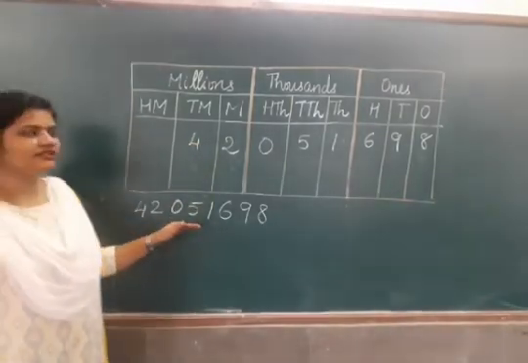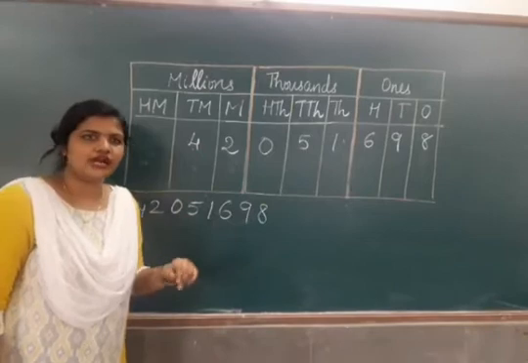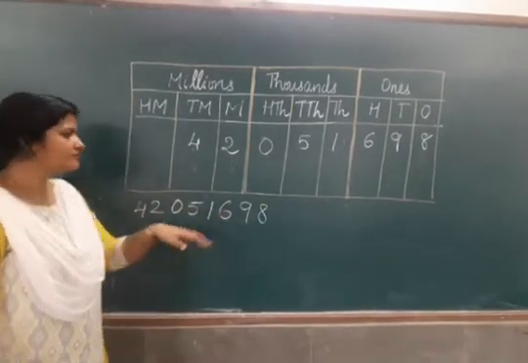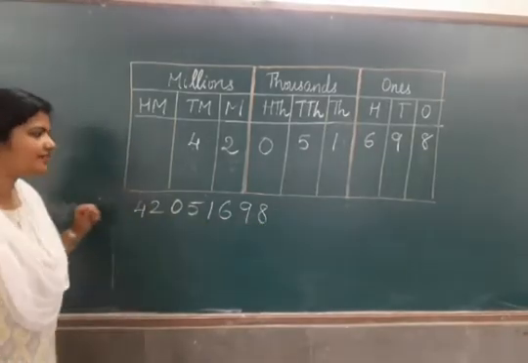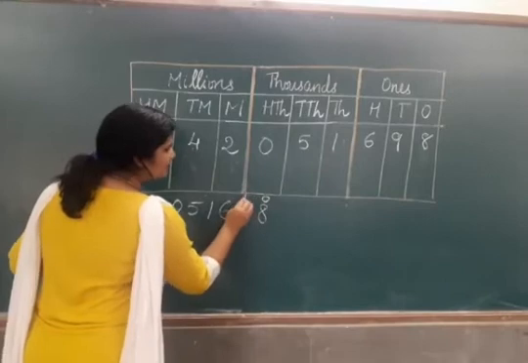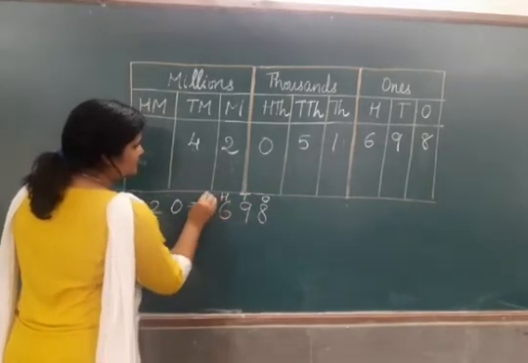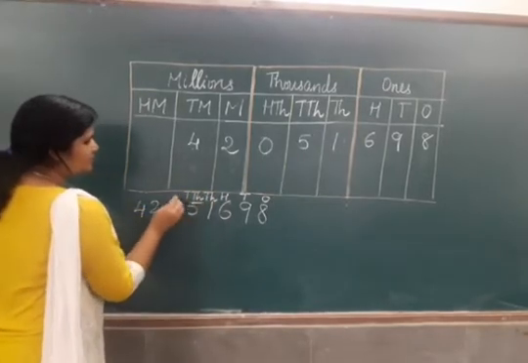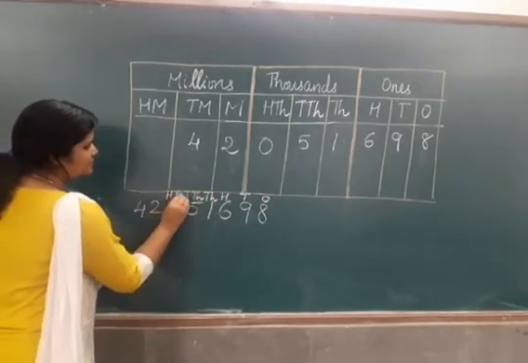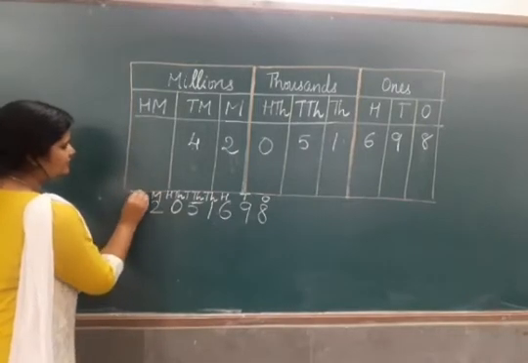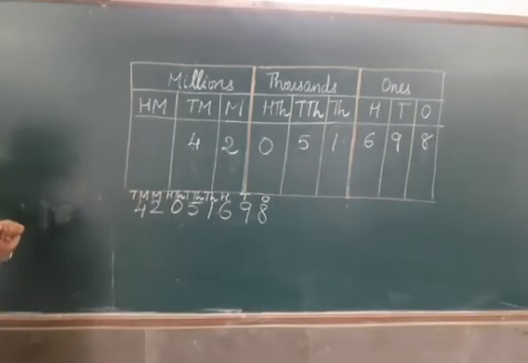So you have written this number on the place value chart. Now let's see how we can write the number using commas. For that, write the places above the digits. So this is ones, tens, hundreds, 1,000s, 10,000s, 100,000s, millions, 10 millions.